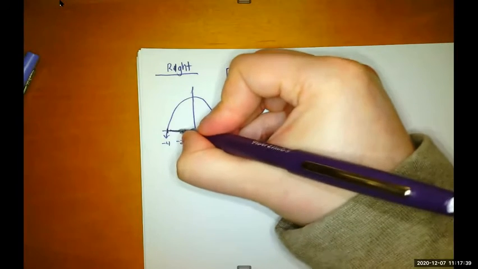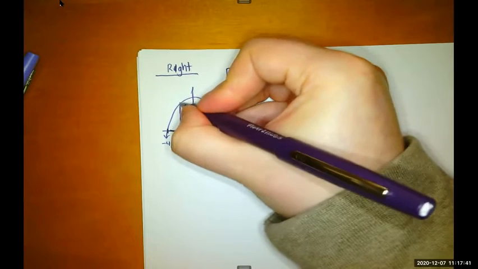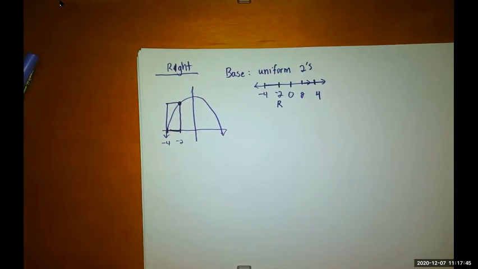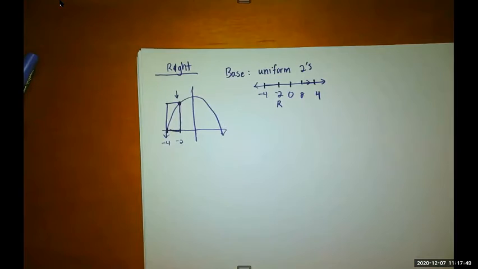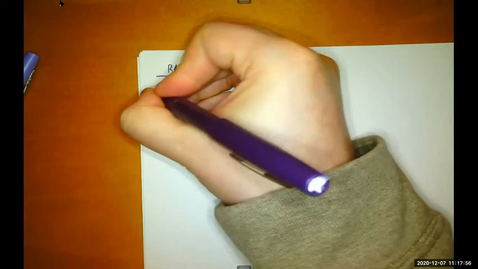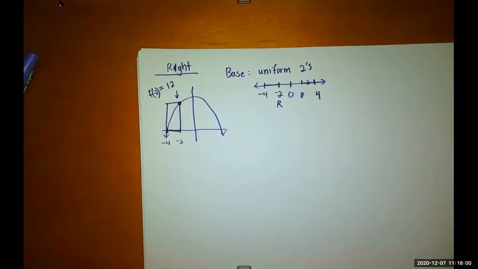So my rectangle goes up to this point right here. And that's the first area I would find. So this point right here is, let's see, 16 minus 4, that's 12. Pretty sure I did that right.